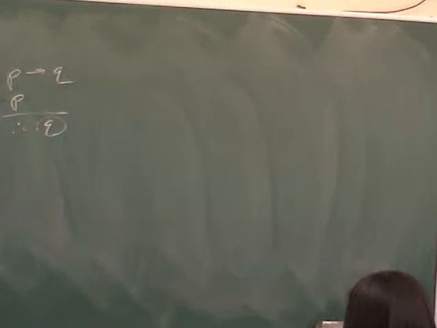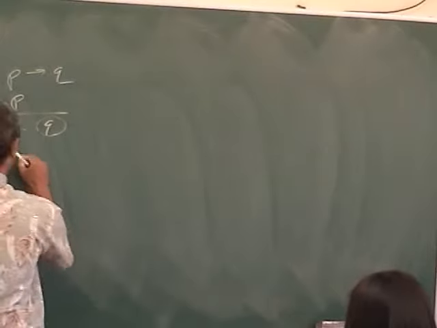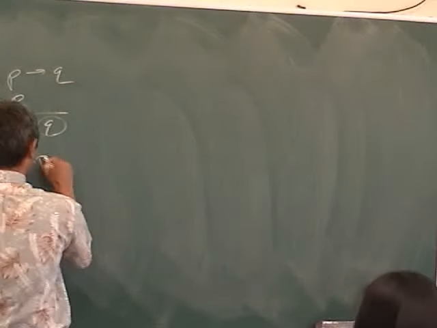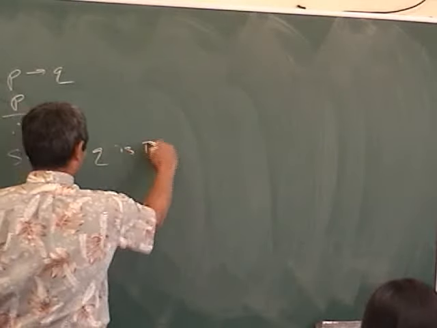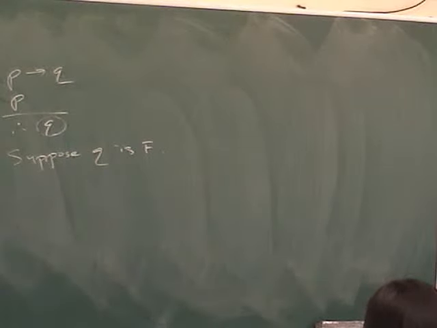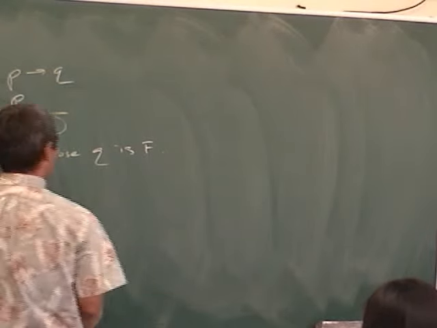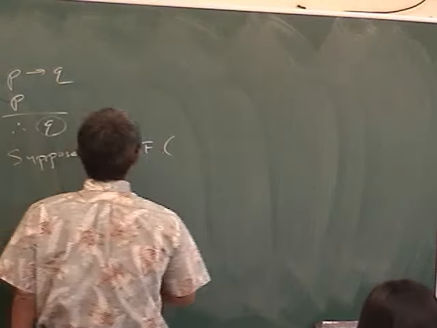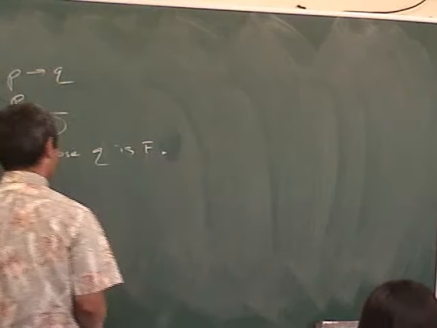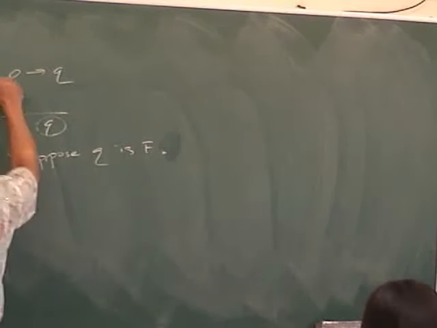You do it indirectly. Let me show you. First step in any indirect proof, suppose your conclusion is false. We'll just say Q is false. Now, we're assuming these two statements to be true.